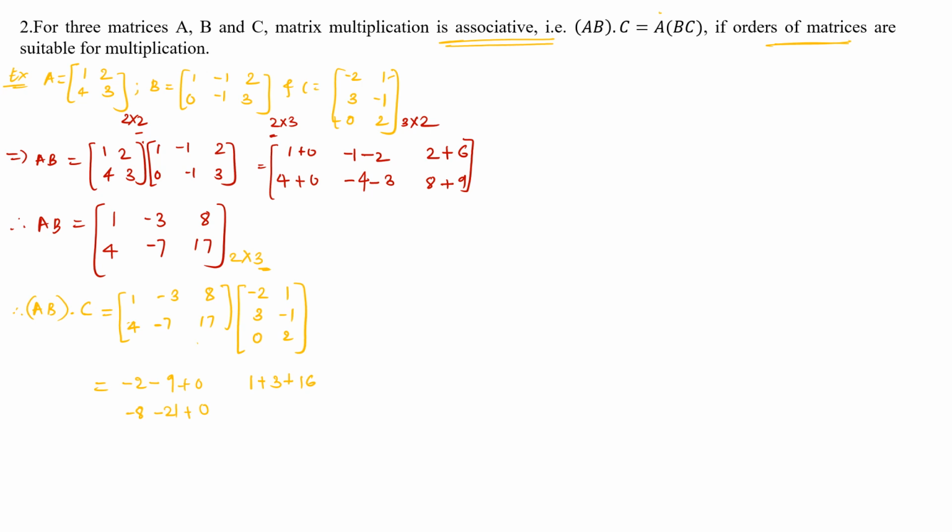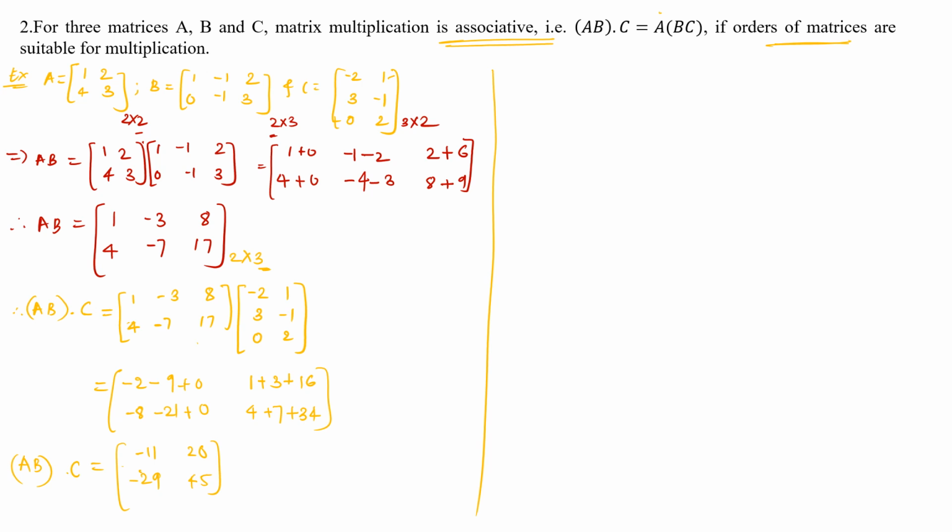And next 4, minus 7 into minus 1 is plus 7, and plus 17 2s are 34. So this matrix AB into C is going to be minus 2 minus 9 is minus 11, 16 plus 3 plus 1, that is 20, minus 8 minus 21 is minus 29, and 4 plus 7 plus 34 will be 45. This was the left hand side, that is AB into C.